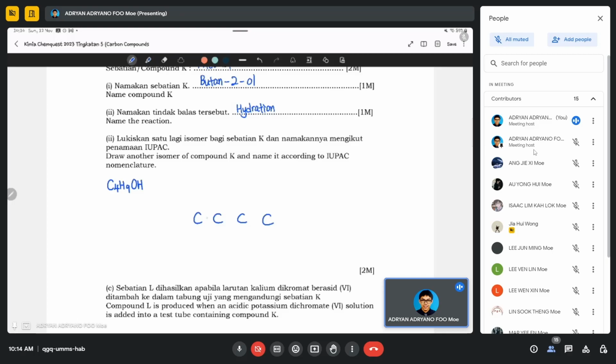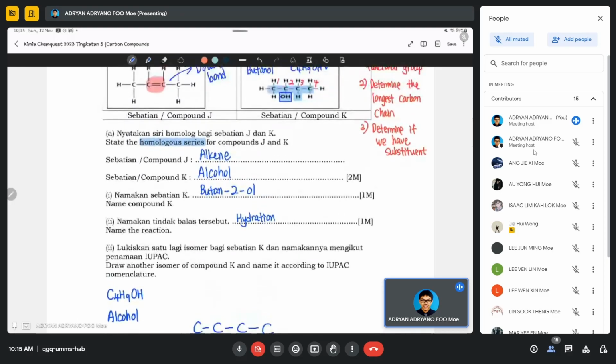And then 你知道这个是 alcohol 对不对？This is an alcohol. So alcohol, all carbon have single bond only.